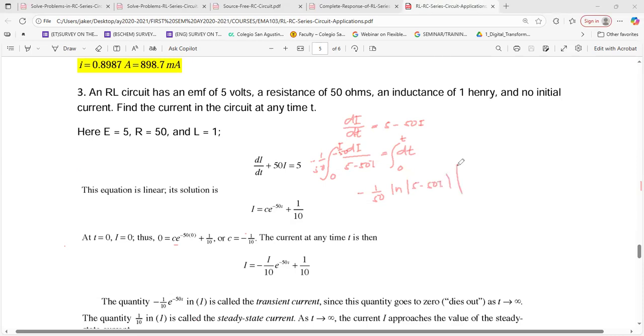Now, your limits here are 0 to I. That's equal to this side, t, with limits 0 to t. Now, if we substitute the limits here, and I'll transfer the negative 50 by cross multiplication, the left side would look like this: ln of, upper limit is 5 minus 50I, lower limit is 5 minus 0 because you substitute I here, which is 0.